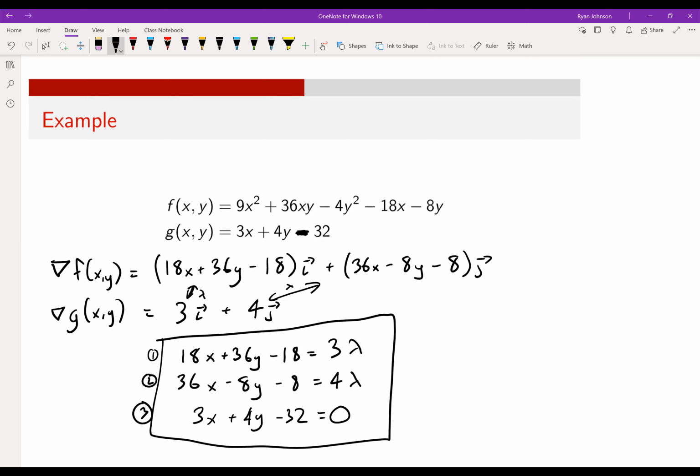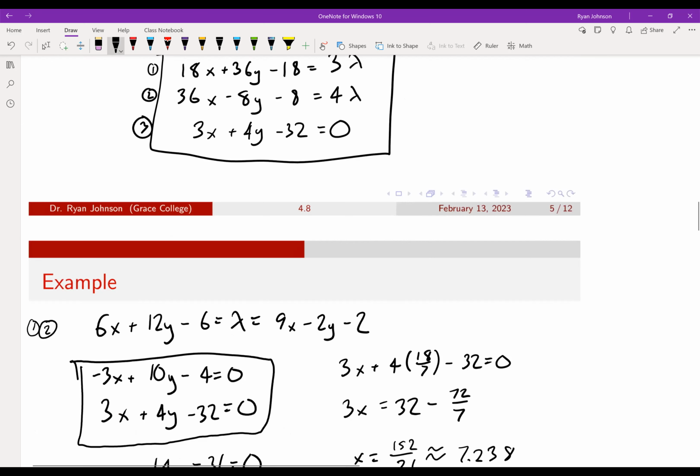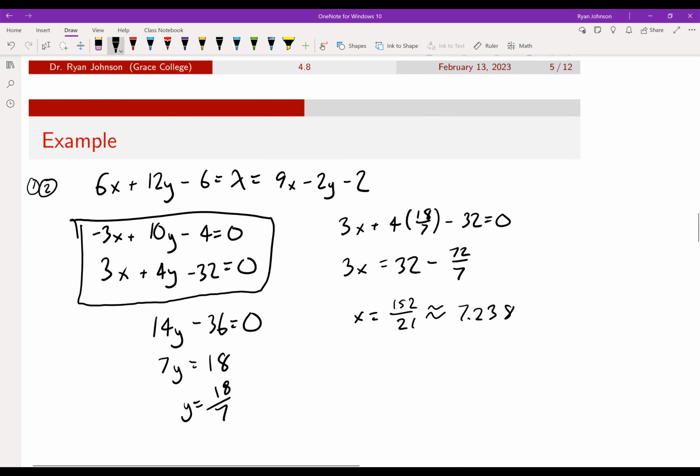So we'll plug in our point 7.238, and 18 over 7 is roughly 2.57. So y is approximately 2.57.